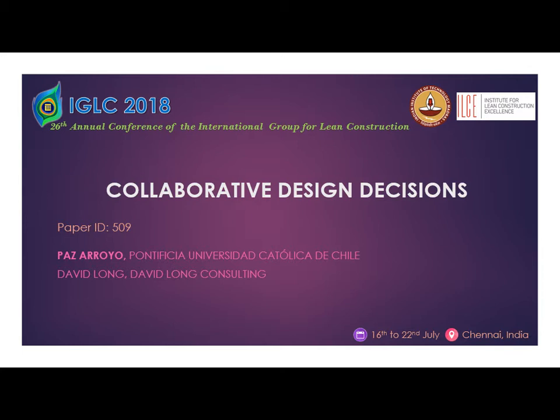Not just theoretical benefits of implementing CVA, but actual reduction in cost and time. And we did this together with David Long. He could not be here. He's recovering. But I'm going to try to back the team.